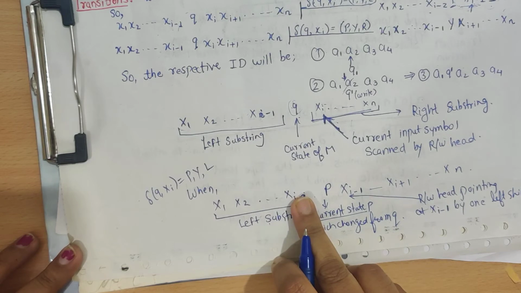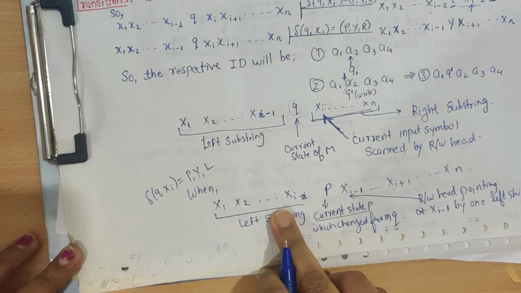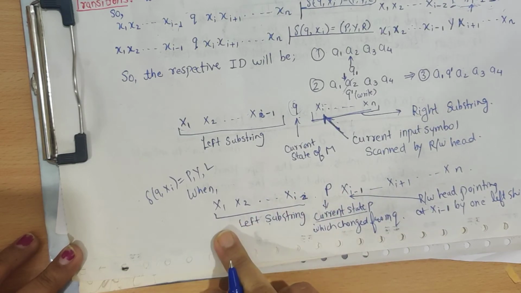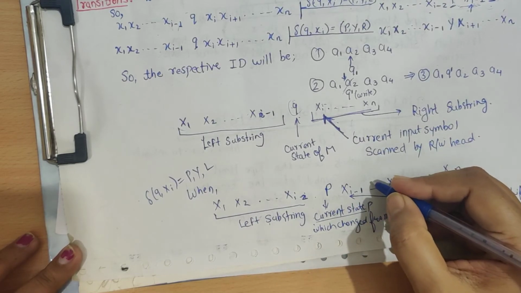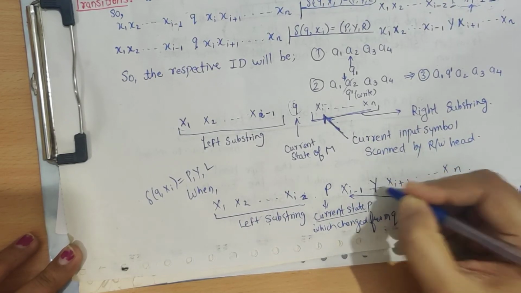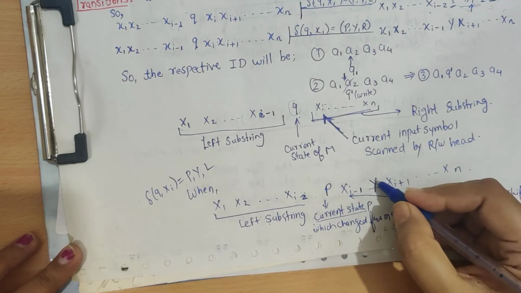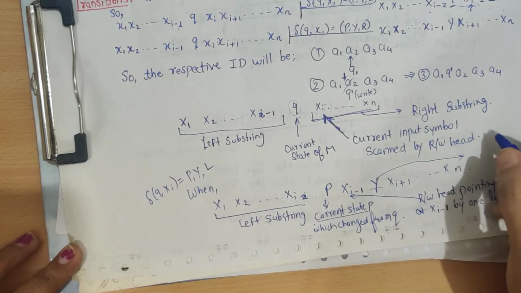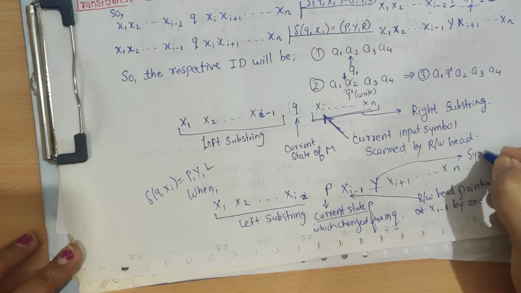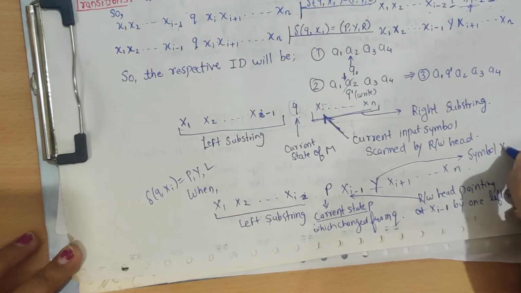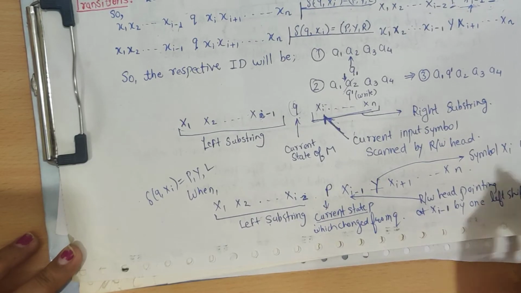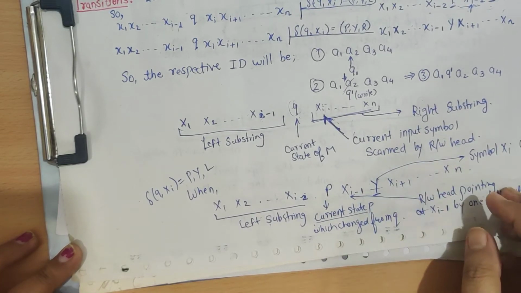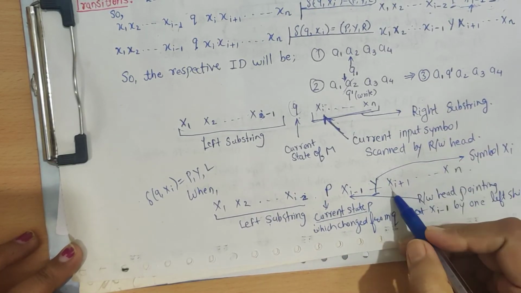Before this would be xi minus 2. And the symbol is changed to what? Y. Which symbol? Xi. Xi is changed to y on the tape. So this is the right substring.